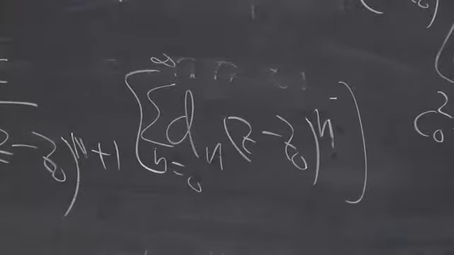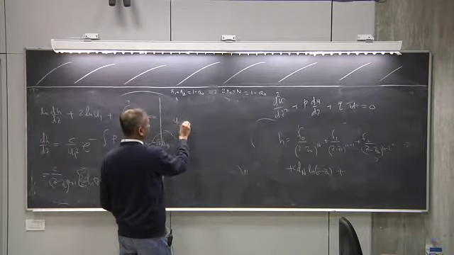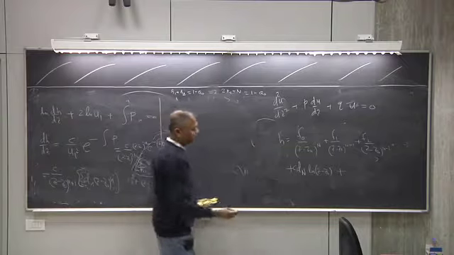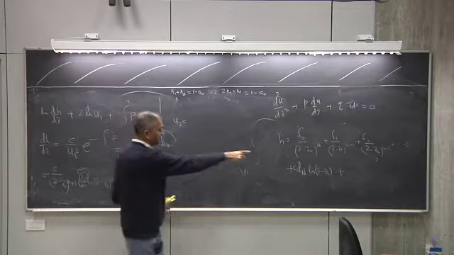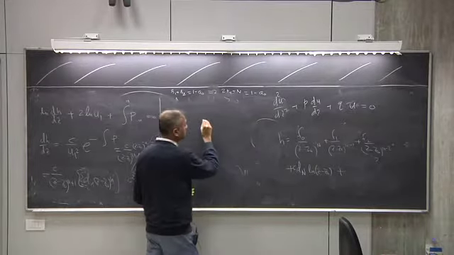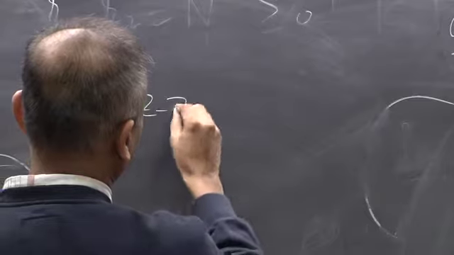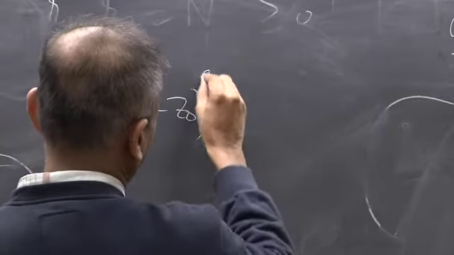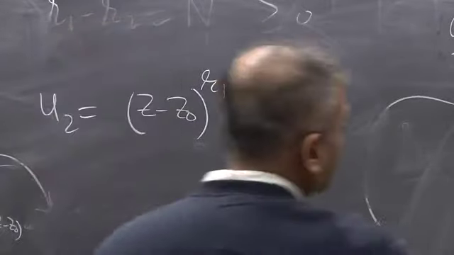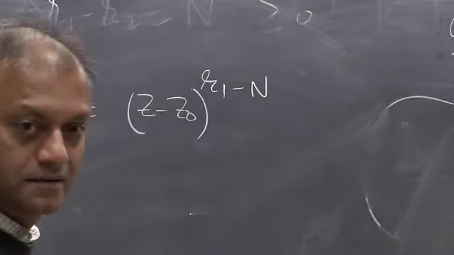So that was h, and so what is u2? u2 is simply h times u1, right? So for example, look at the leading term. u1 itself is Z minus Z0 to the r1. But combining this, you get a minus n, right?